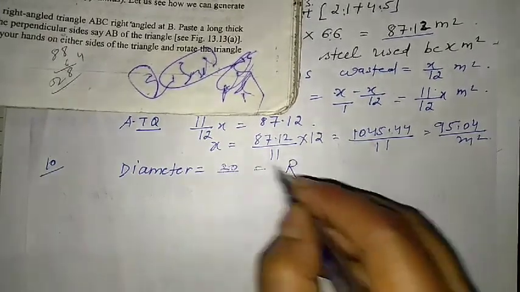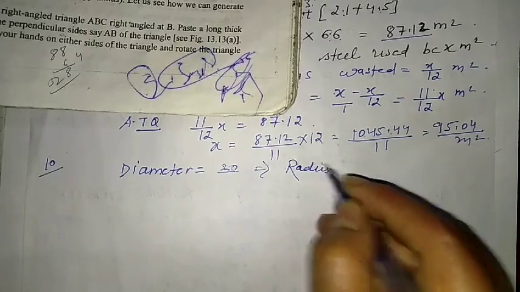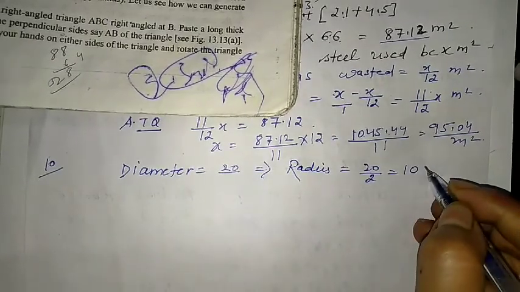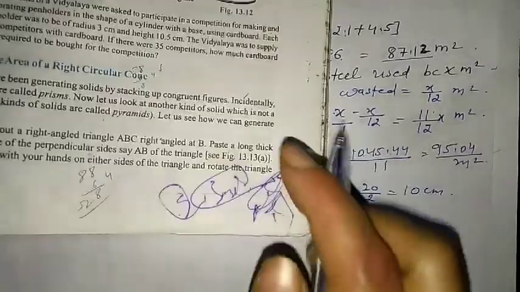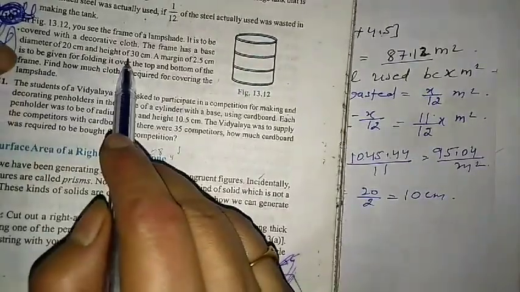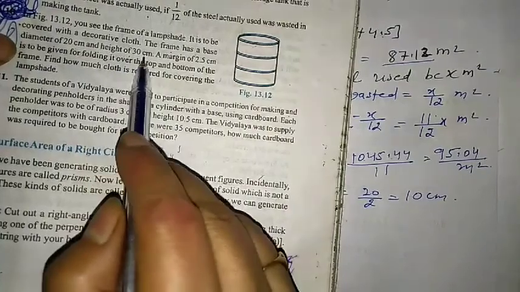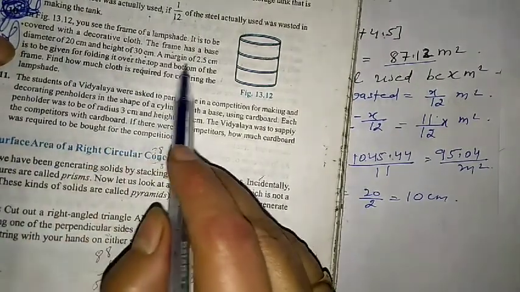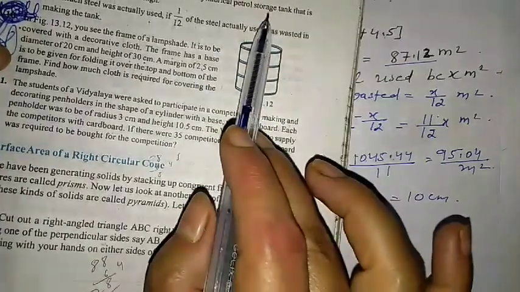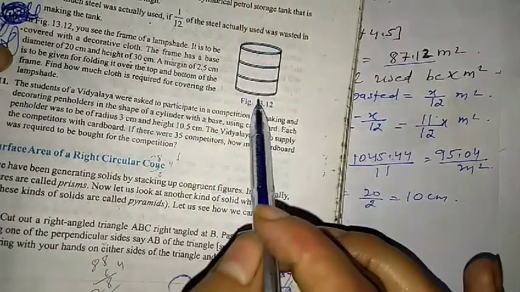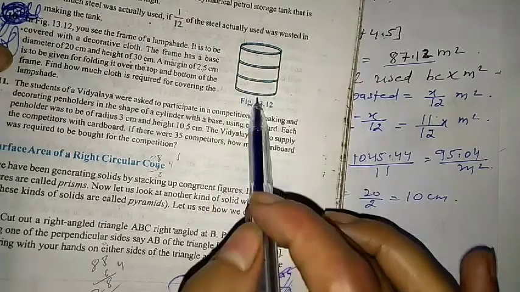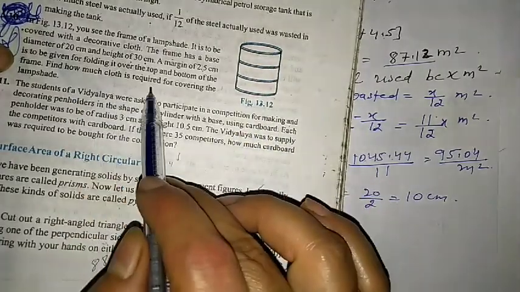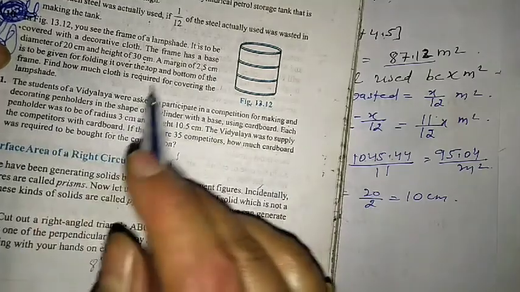So radius of base is equals to 20 upon 2, that is 10 centimeter. And the height of the frame is equals to 30 centimeter. A margin of 2.5 centimeter is given for folding it over the top and base. दोनों तरफ ऊपर और नीचे 2.5 का margin लेकर चलना है. Find how much cloth is required for covering the lampshade.